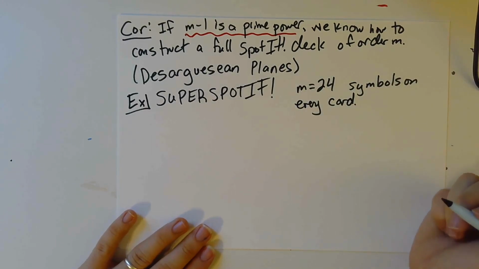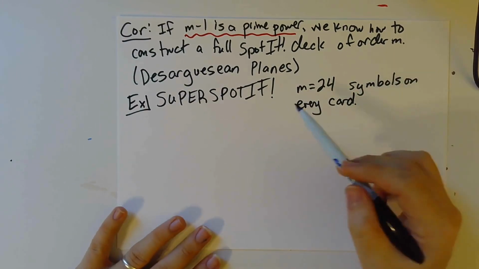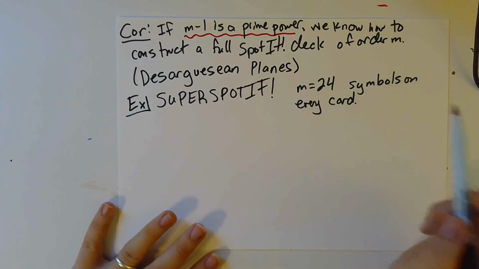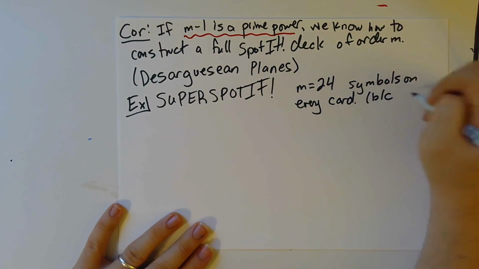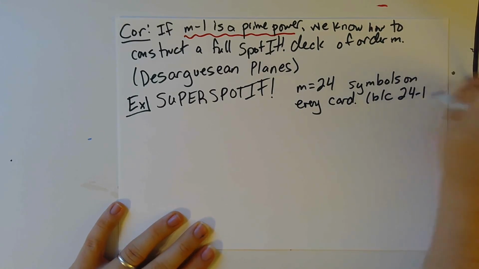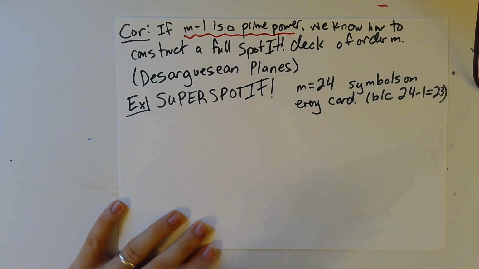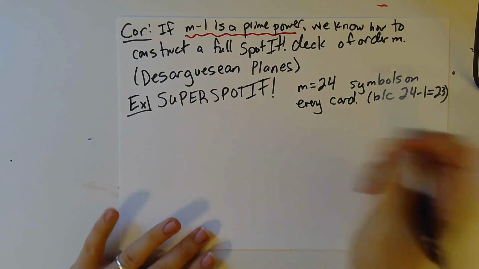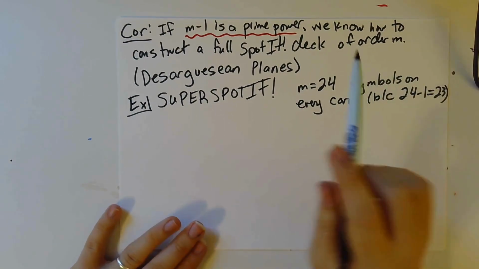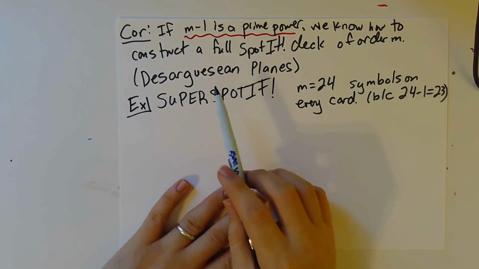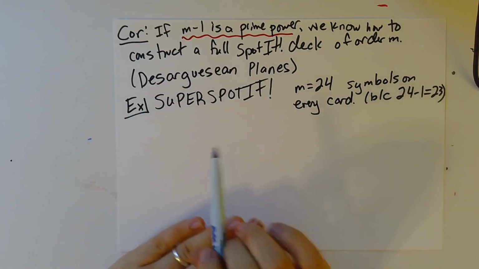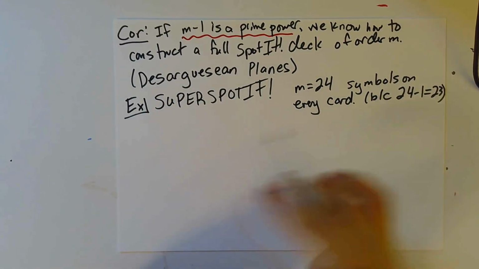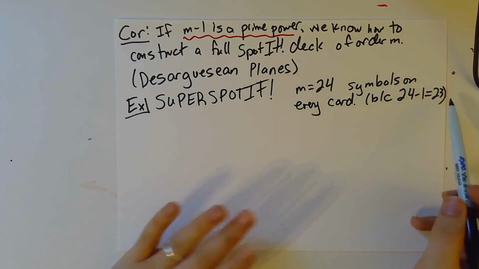And if you did that, there would be some enormous number of cards, but this would work because 24 minus 1 is 23, which is prime. So we can just use this construction, the Desarguesian plane of order, in fact, it would be called the Desarguesian plane, confusingly, of order 23, but whatever. We can use this construction because 23 is a prime power.